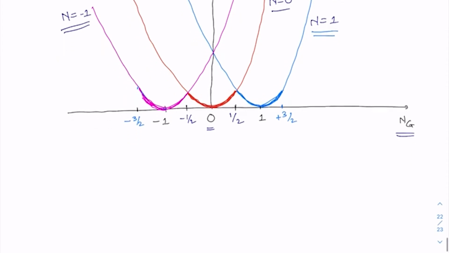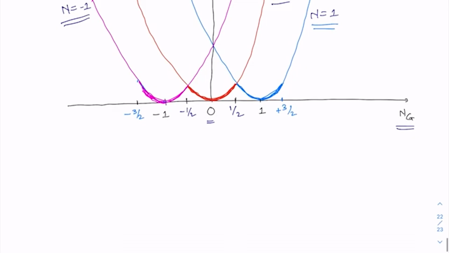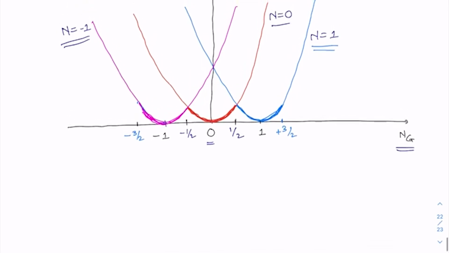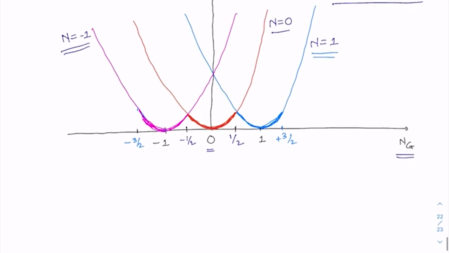Now you may notice that this is a clear case of energy crossing in the absence of tunneling. For example, charge state n is equal to 0 and charge state n is equal to 1 are intersecting here.